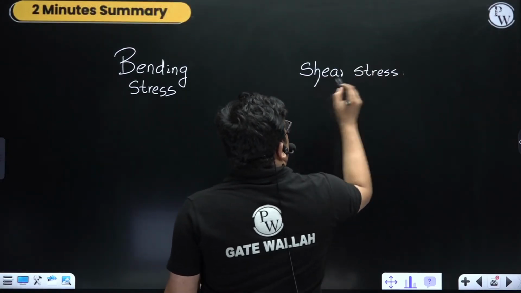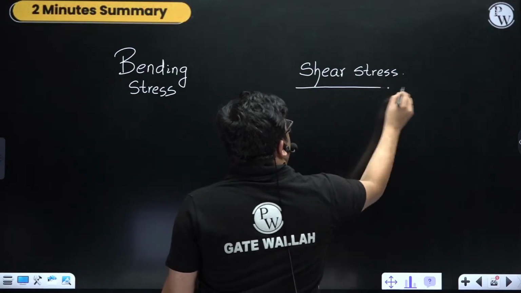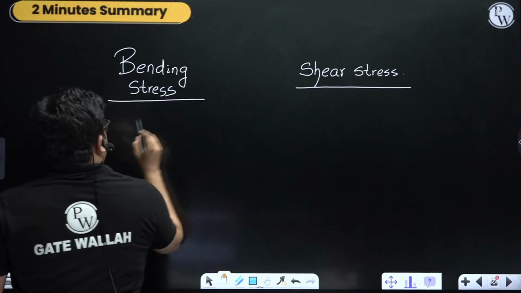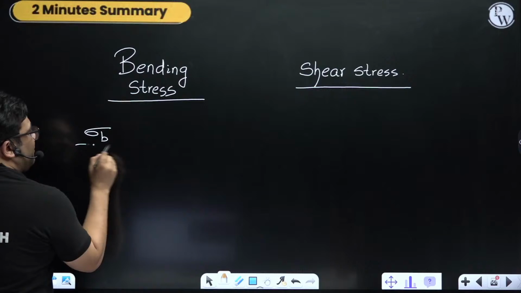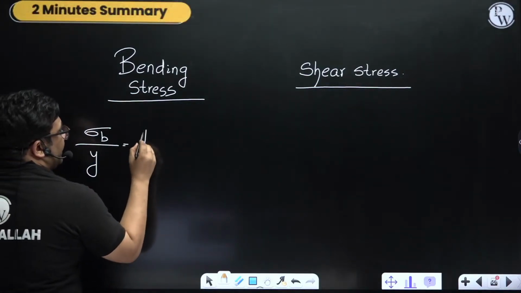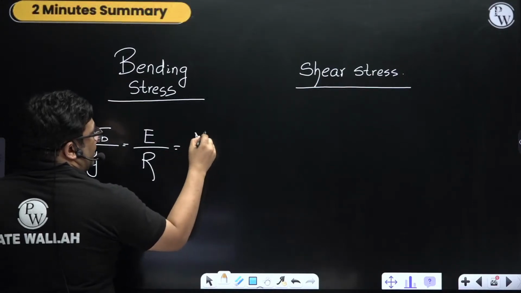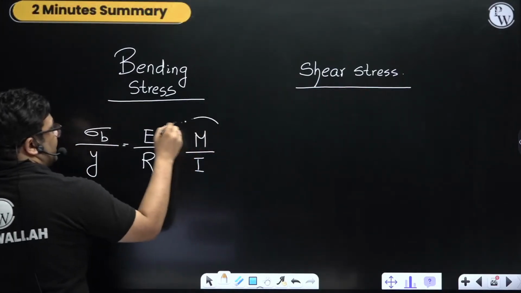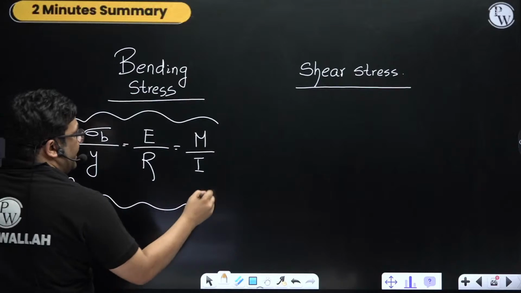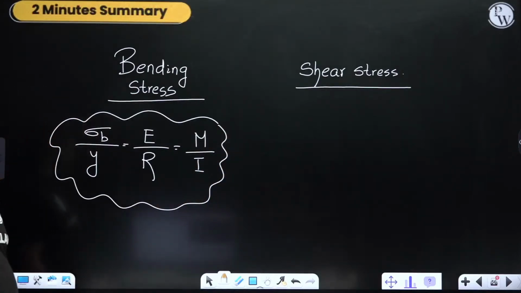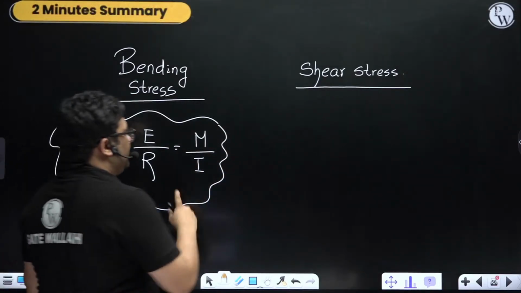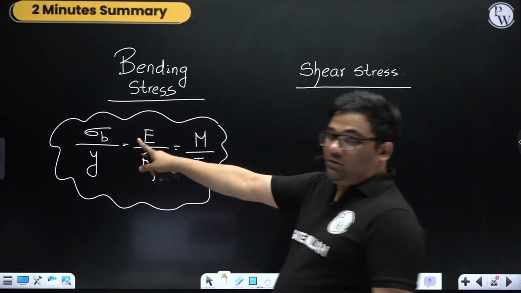So first you should know the governing equations, right? The governing equations were: bending stress by Y is equal to E by R. They can ask you questions from E by R also. Using these equations, we can find out bending stress anywhere, and also extreme fiber stresses. So many questions we solved for bending stresses.